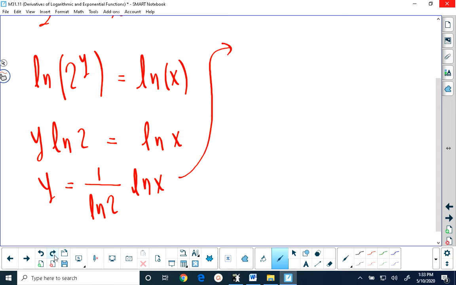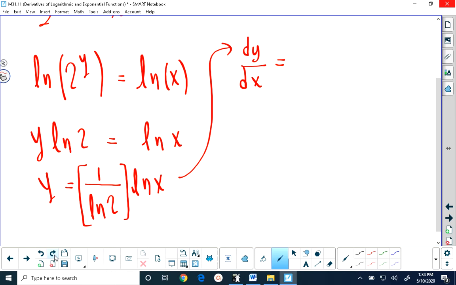On the left-hand side, the derivative of y is dy dx. Now, we learned a long time ago, I'm looking at the right-hand side now, that when you have a constant, and 1 over ln 2 is a constant, 1 over the natural logarithm of 2 is a constant.